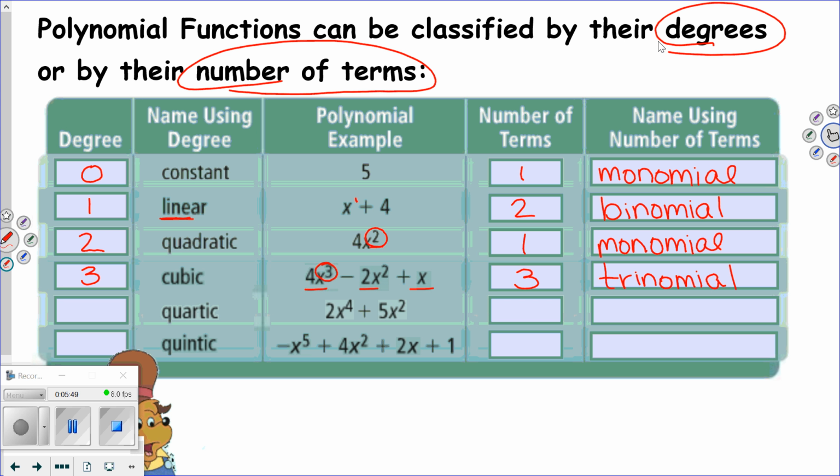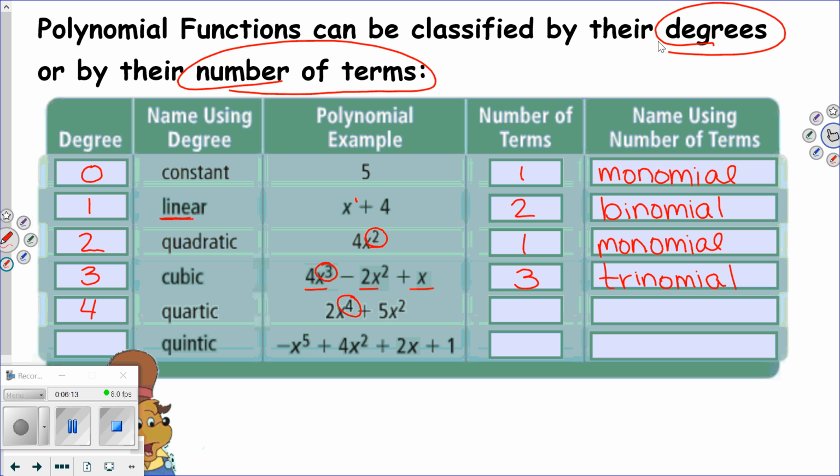All right, here's the ones that people always mess up. If it has a degree of 4, highest exponent is a 4, that is quartic. How many quarters are in a dollar? There are 4 quarters. That is quartic. There are 4 quarts in a gallon, which most people don't know that as well as 4 quarters. How many quarters are in a game of football?